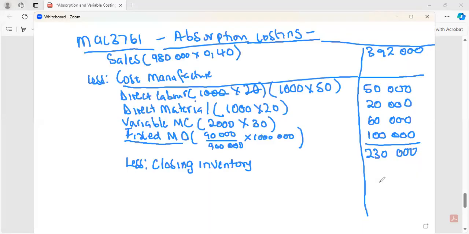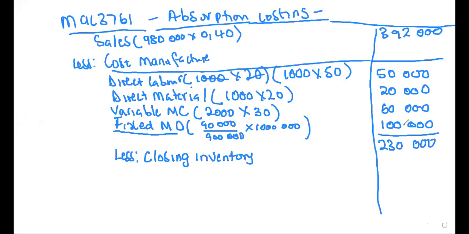The cost per mint is going to be 230,000 over 1 million, times 20,000. Do you see what I did here?